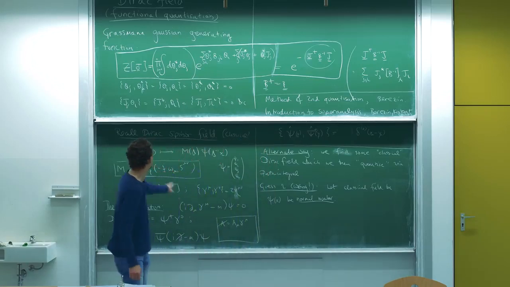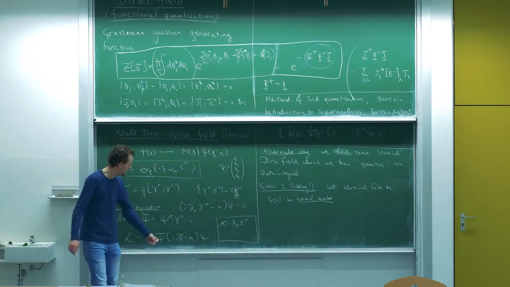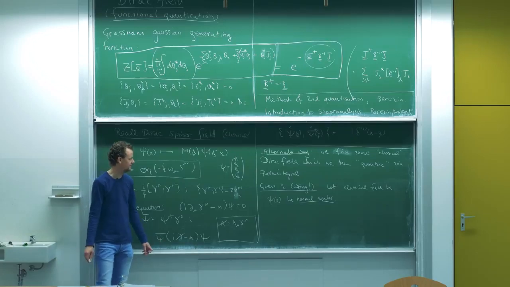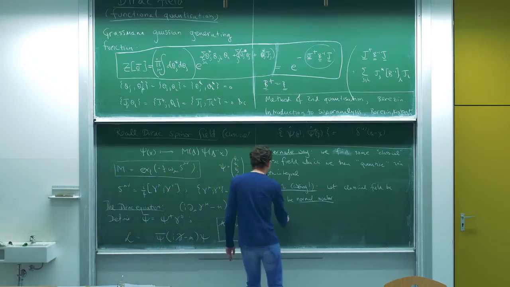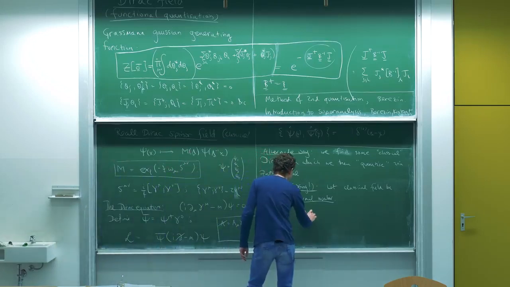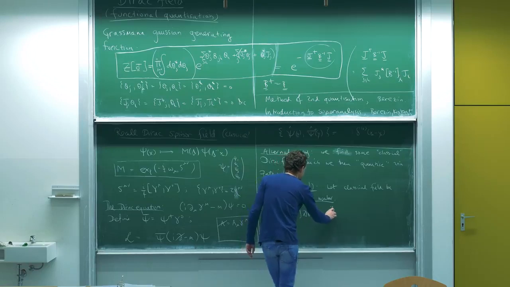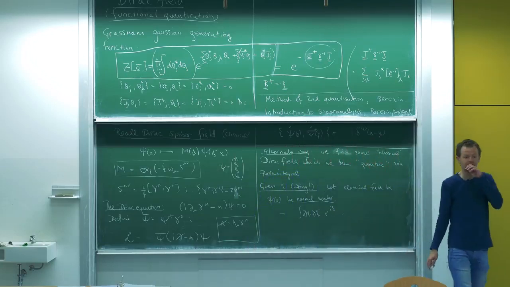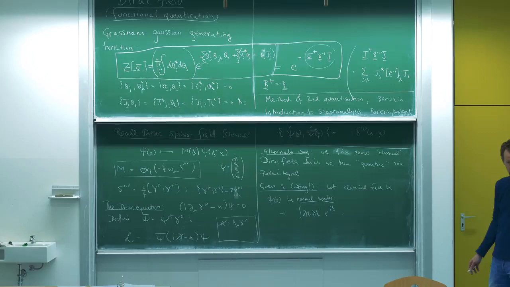So we have this Lagrange density here. We could stick into the path integral prescription this Lagrange density. We could integrate over all these psis. And then we could use that as the basis for a quantum theory, right?